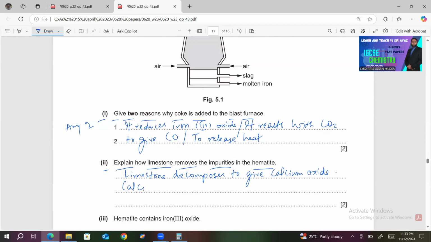Calcium oxide neutralizes or reacts with silicon(IV) oxide to form slag or calcium silicate.